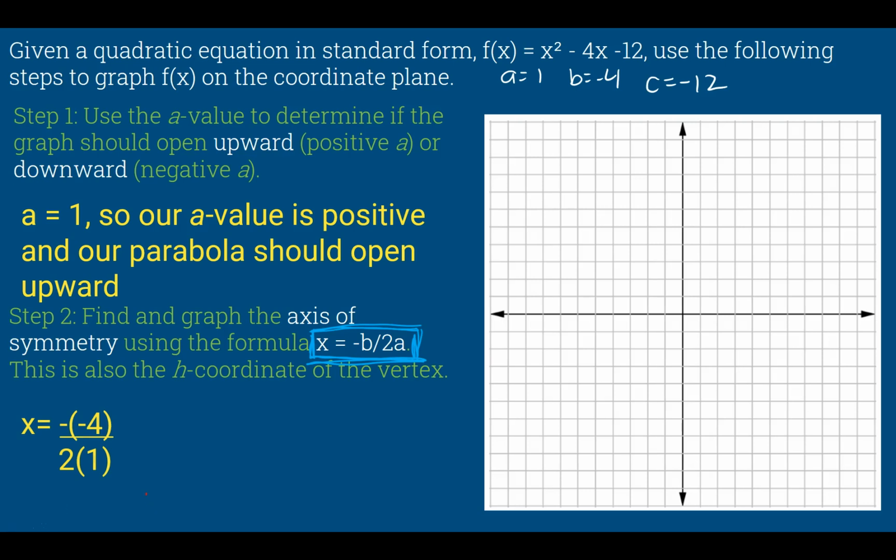What is negative 4? Positive 4. 2 times 1 is 2. So we end up with 4 over 2, which is 2. So that is the line that's going to cut my graph in half, where x equals 2.